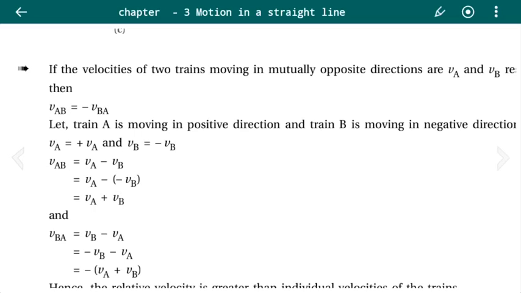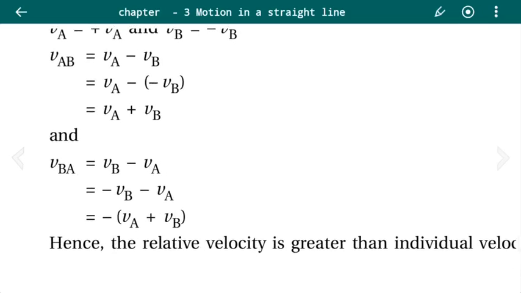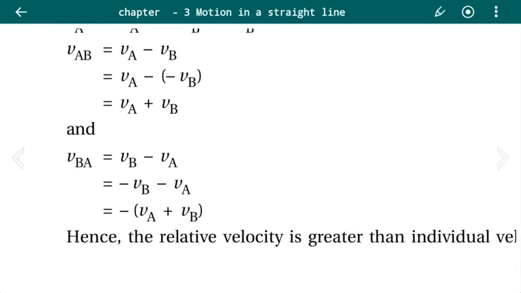That is the formula of the relative velocity. So va minus, over here vb is minus vb, so writing it as minus minus vb. So vab for this case is equal to va plus vb, and vba by formula will be vb minus va, but substituting vb as minus vb, it is minus vb minus va, taking minus as common, it will be va plus vb.